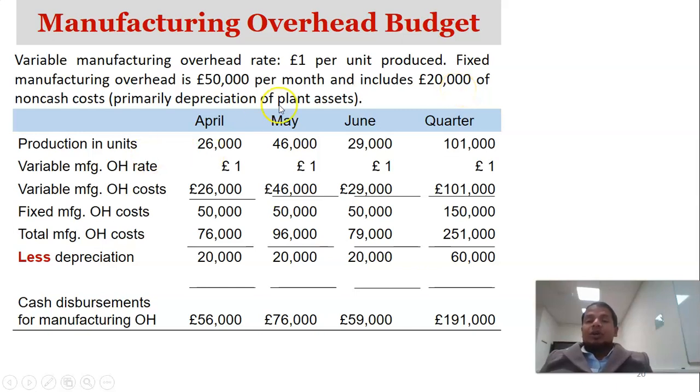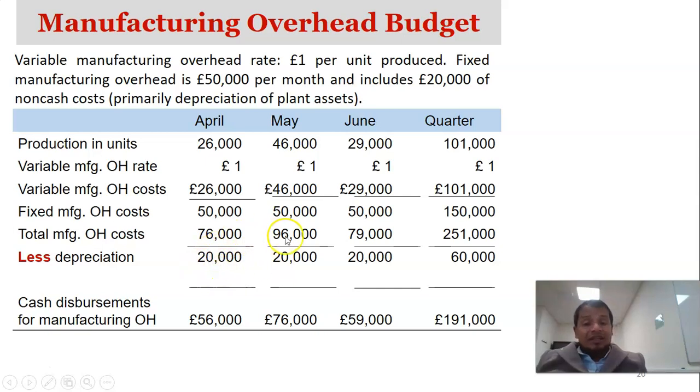What about the variable manufacturing overhead? It depends on the number of units produced. So the production units are here, multiplied by the rate, 1 pound. Fixed overhead is 50,000 each month, so 150,000 for the quarter. Then the total manufacturing overhead is 76,000, 96,000, 79,000, but less depreciation.